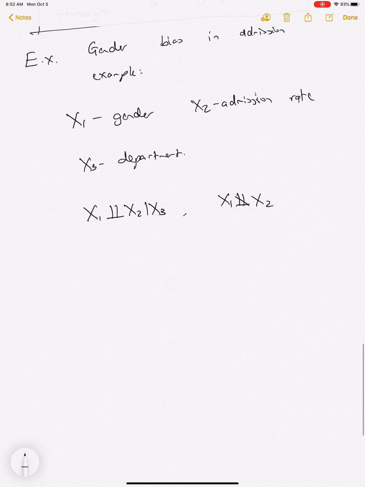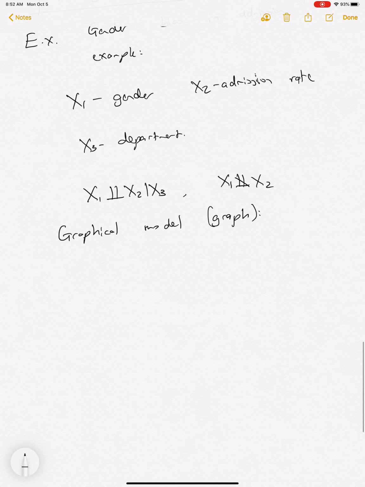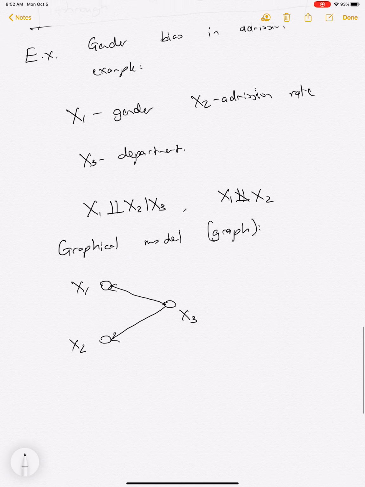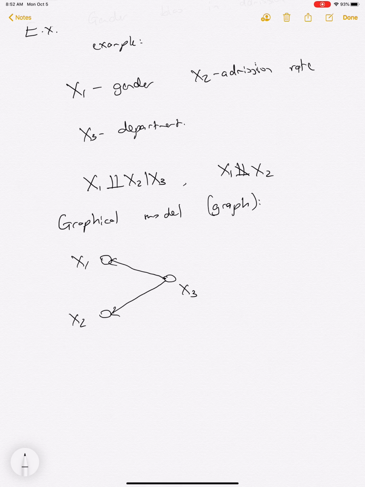Okay, and so we could include the graphical model, the graph, which we haven't defined, so you don't need to know yet where this comes from. It's given by this: the department had an influence on both the gender and the admission, which induced this dependence between these variables.